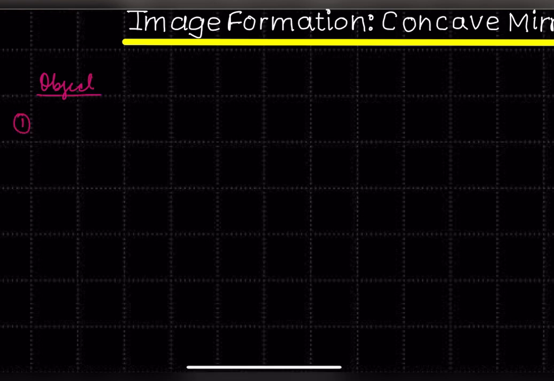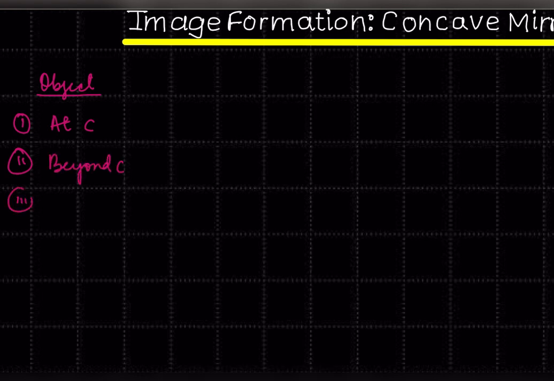The first was the object kept at C. The second was the object placed beyond C. The third was the object placed between C and F. The fourth was the object placed at infinity.